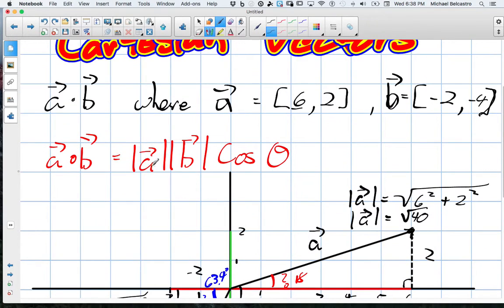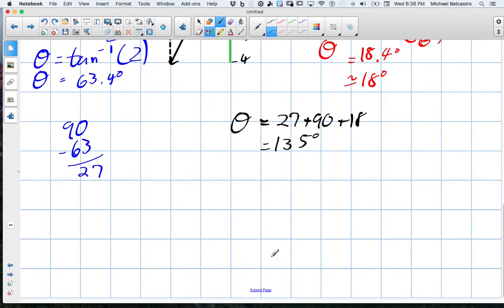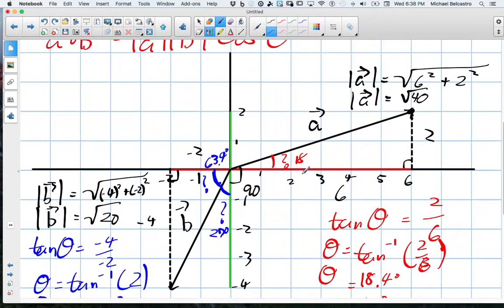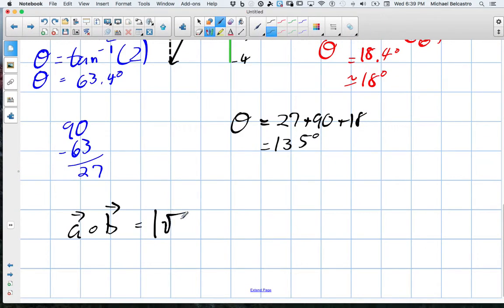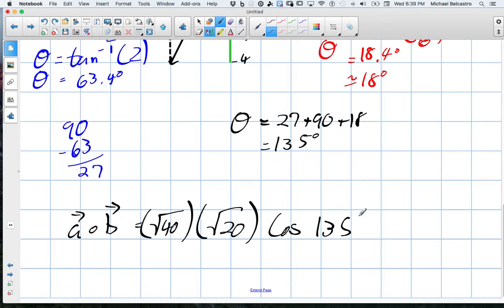Great. Now we can apply it to our dot product here. So A dot B is equal to the magnitude of A, which we said was root 40, times the magnitude of B, root 20, all times cos of 135. 135, I think we should know, it's 45 degrees, right?